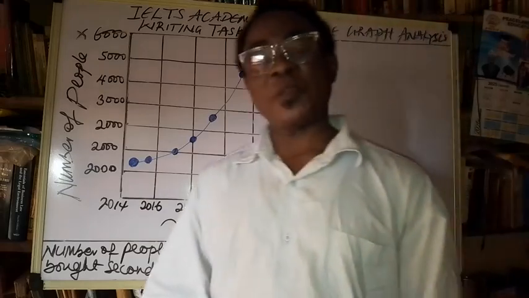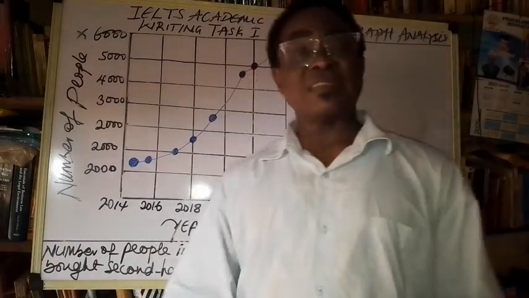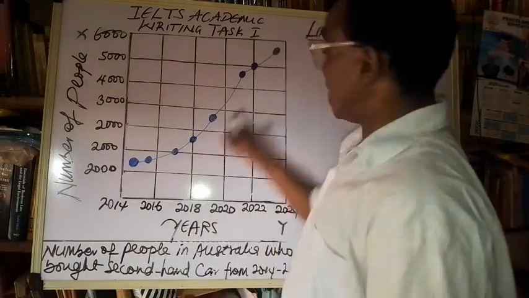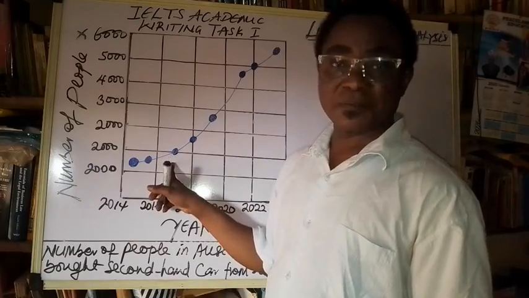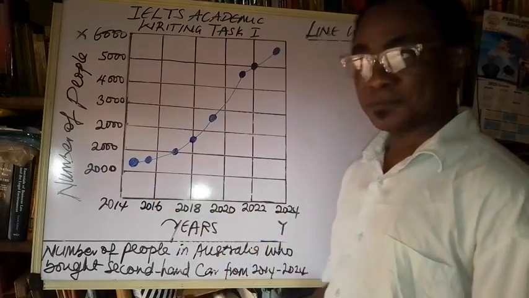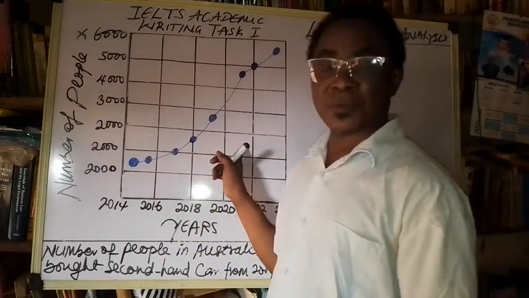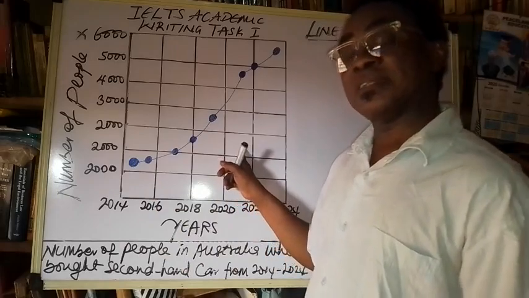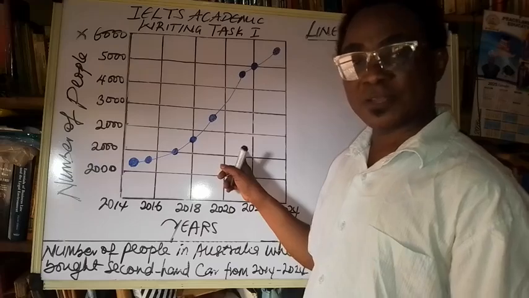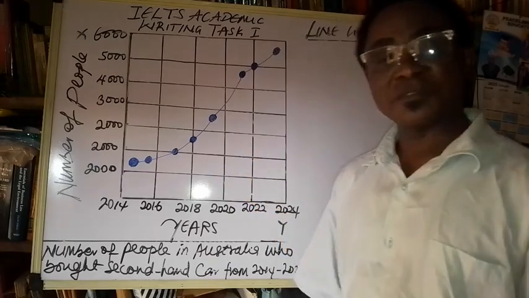The number of people in Australia who bought second-hand cars. A line graph can contain one curve, one line, or more. What we have here is an example of a single line graph, or a single curve graph.